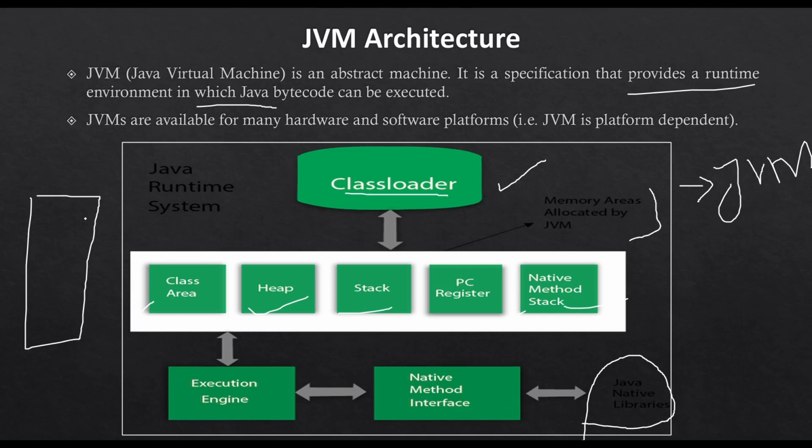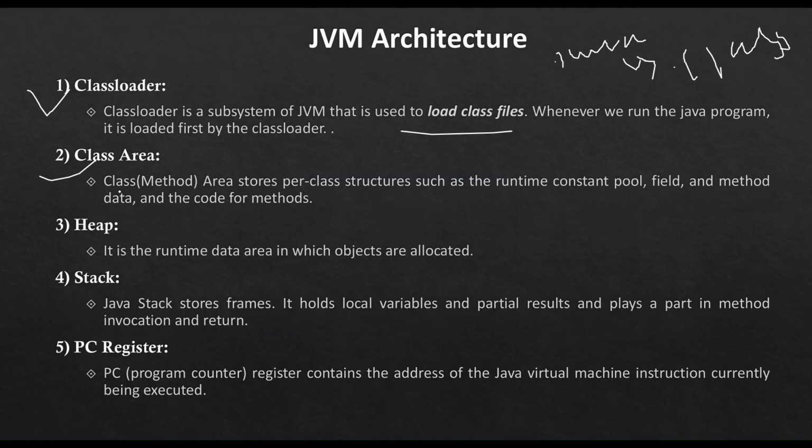Whatever code you write has to be stored somewhere, so there is a specific part for it. Your function will be stored somewhere, and your variable, such as int a equal to 5, will also be stored somewhere. That part is the class area, where the methods are stored.